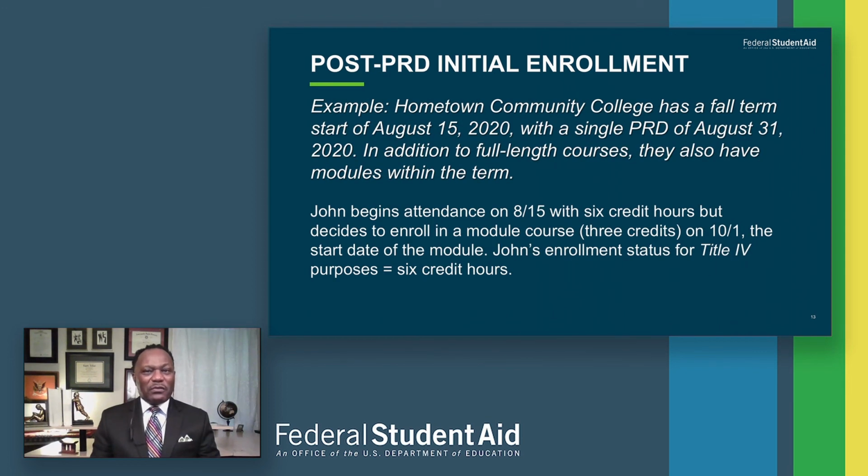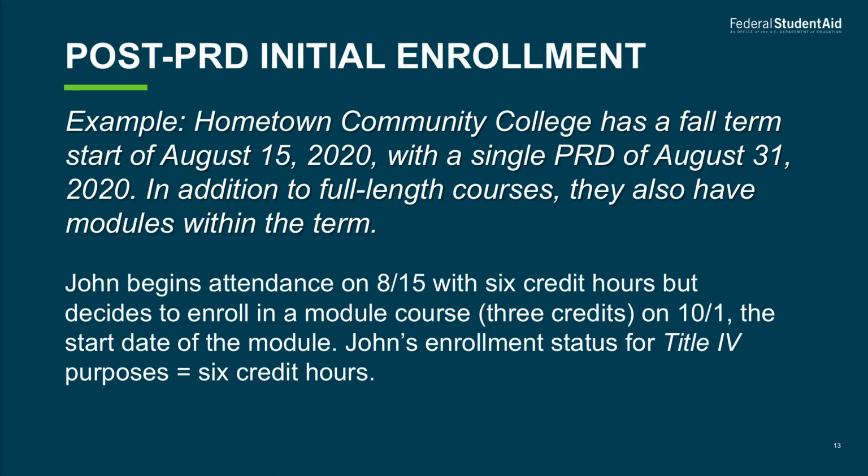Again, here we are using the same setup with a single fixed PRD of August the 31st. Like before, we also have full-length courses as well as modules within the term. Our student, John, in this scenario, begins attendance at the start of the term with an initial enrollment of 6 credit hours. The PRD of August the 31st passes, and John enrolls in a module course on October the 1st.